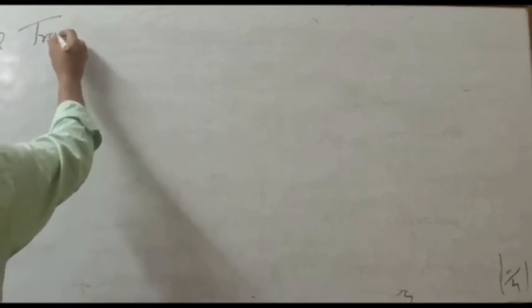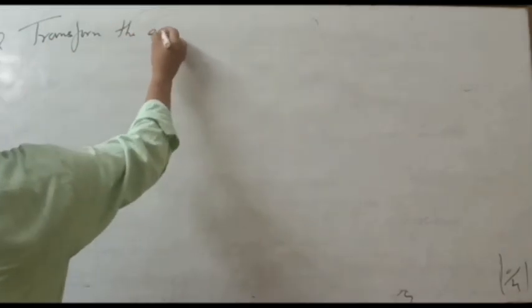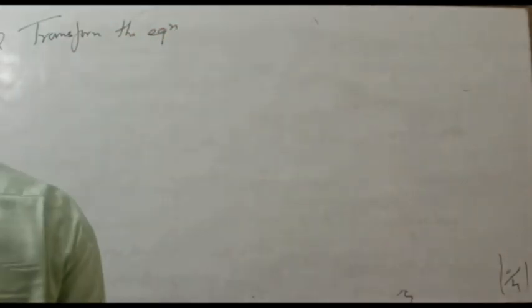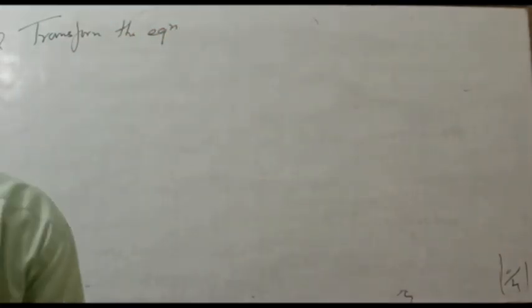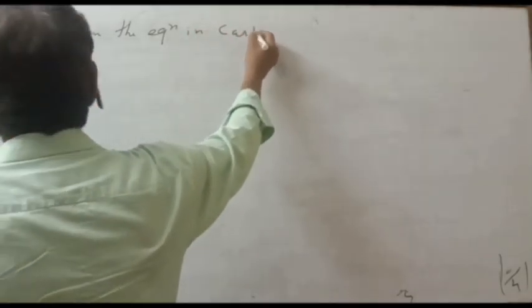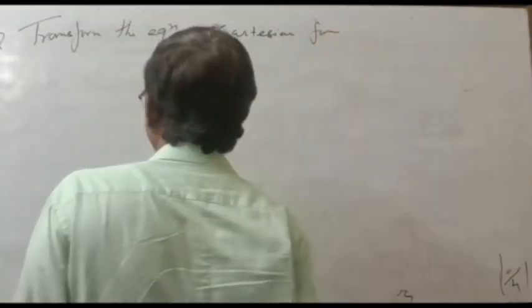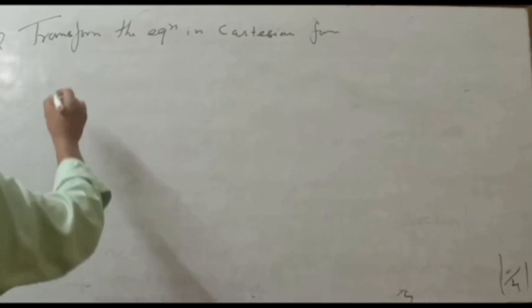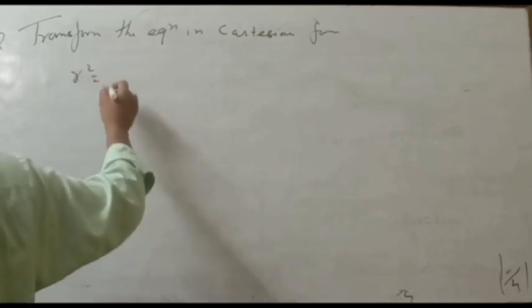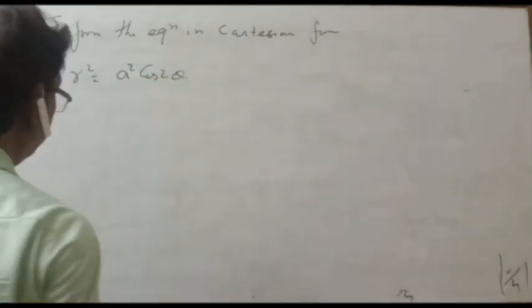Transform the equation r square is equal to a square cos 2 theta into Cartesian form.